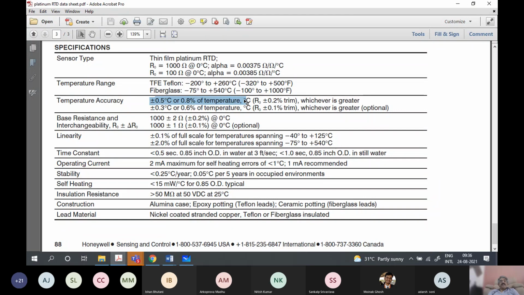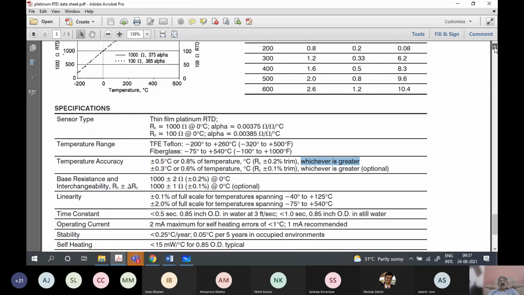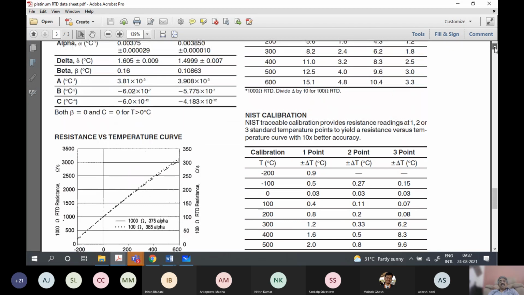So this 0.5 degrees C is a constant number. It can also be expressed as a percentage of full scale, because full scale is a constant number. And this is 0.8% of reading, whichever is greater. This is a commercial RTD temperature sensor data sheet.